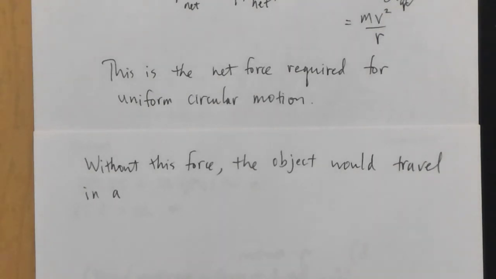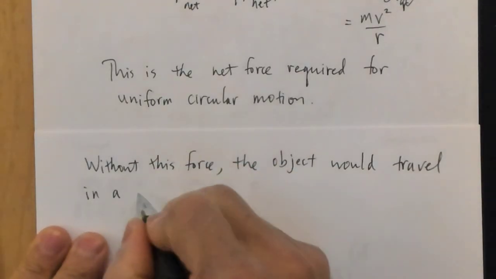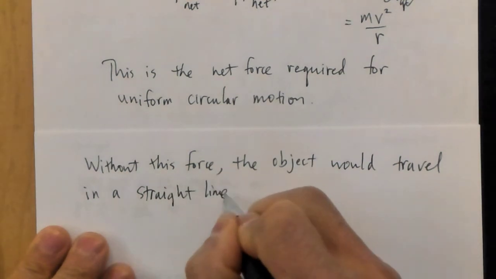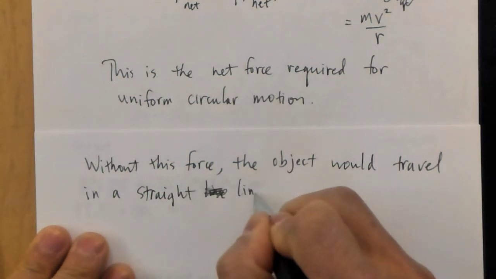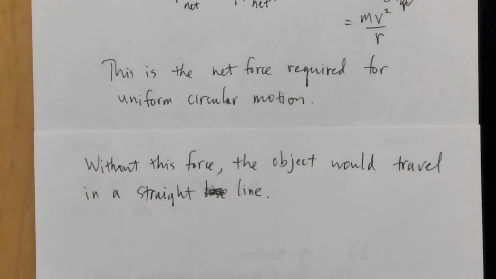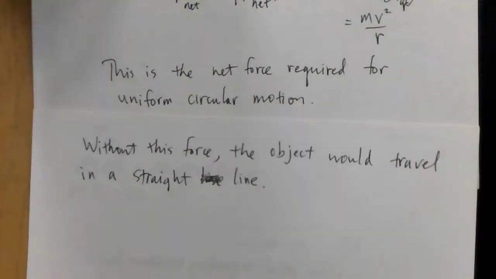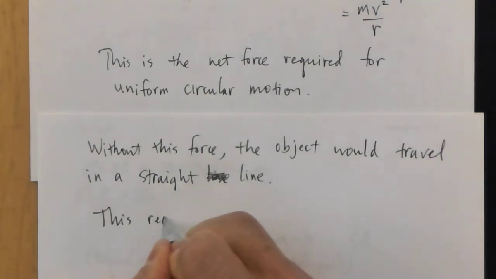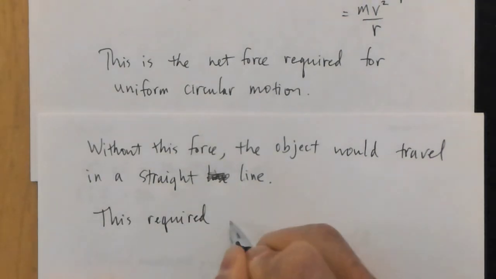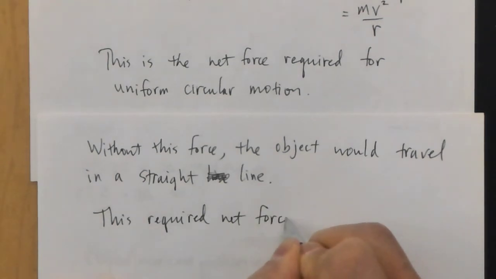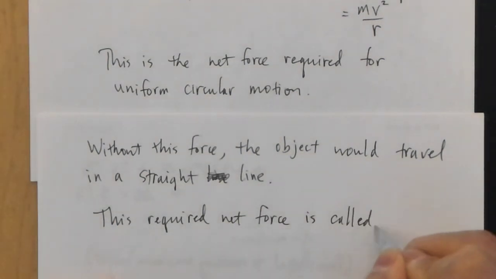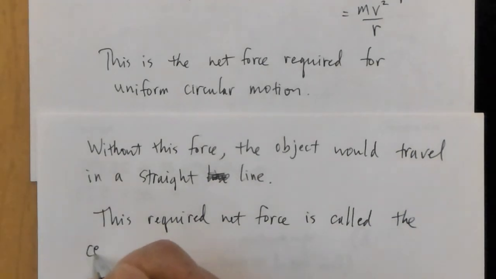Which way does it go? The object would travel in a straight line. So there's a name for this required net force. It's called the centripetal force.